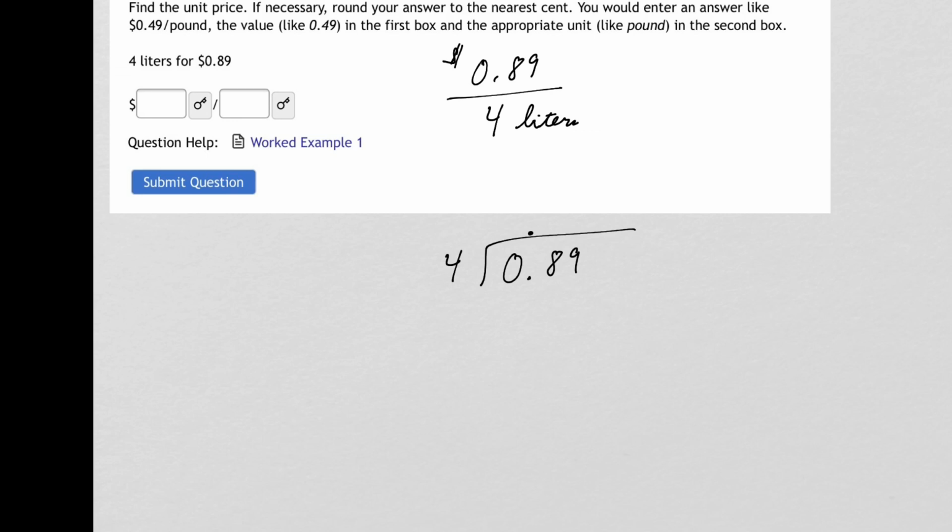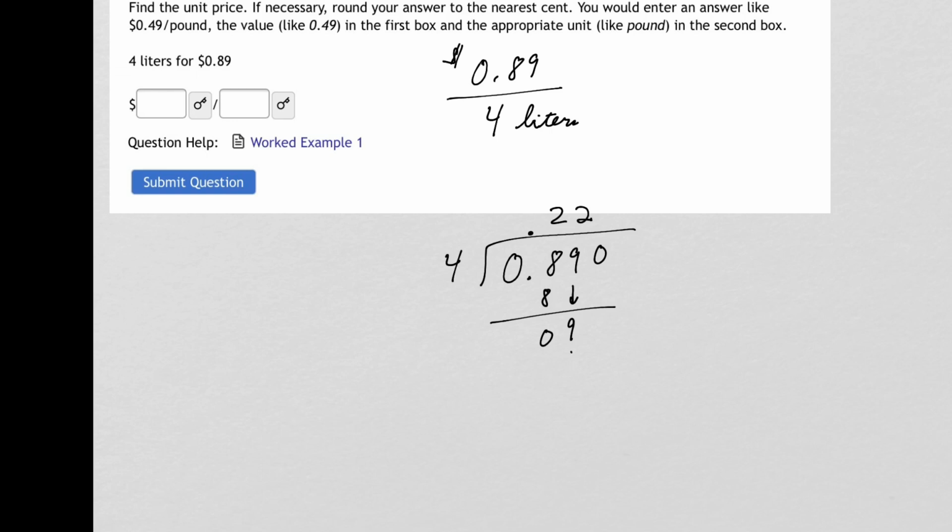So 4 goes into 8 twice, so that's going to give me 8. I subtract, bring down the next digit, so it's a 9 here. 4 goes into 9 twice. It looks like I'm going to have to go further, right? If I want to round to the nearest cent, which is really the hundredths place when I'm in dollars, then I need to go at least one more spot here.